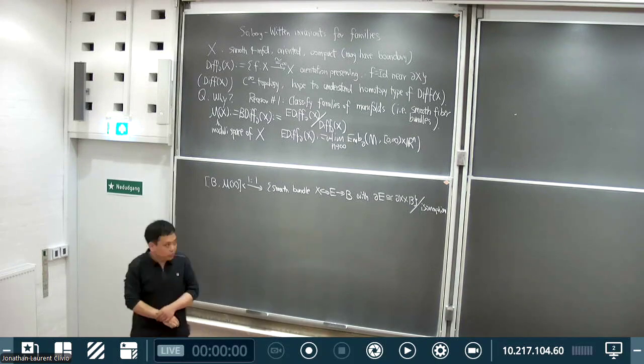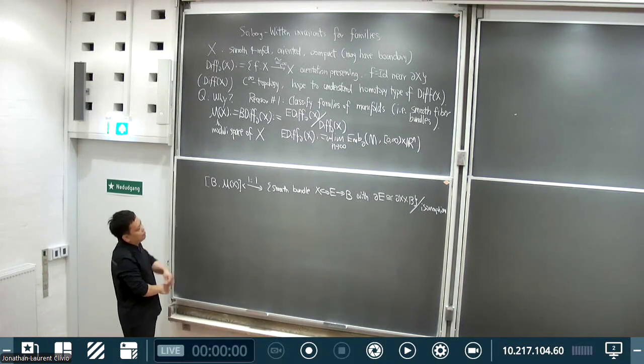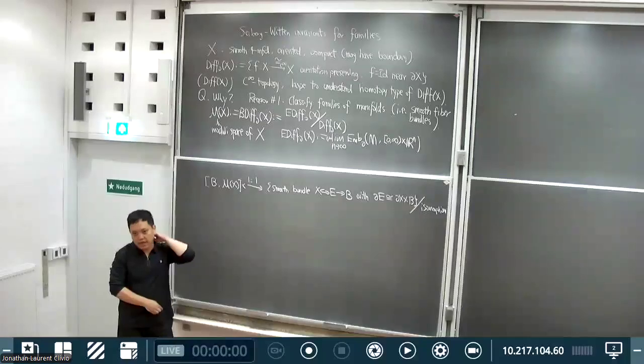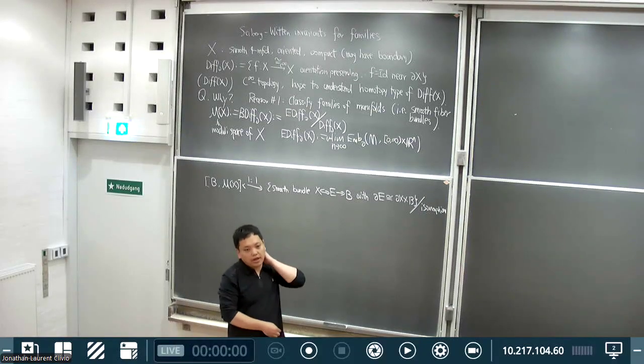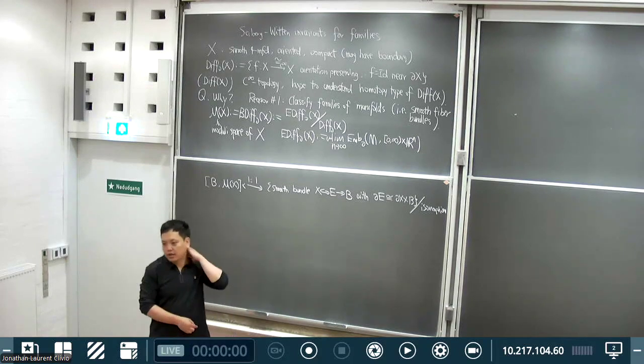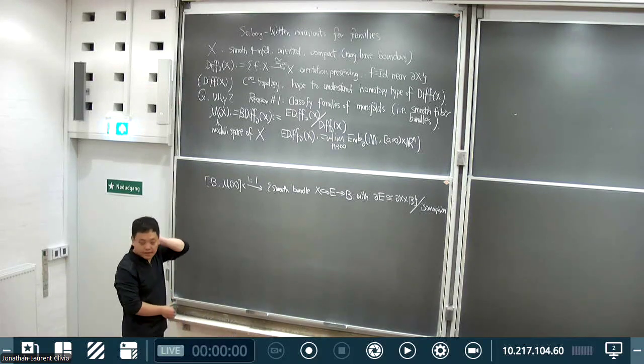So if you want to, for example, classify X bundles over a sphere, you just consider the homotopy groups of this space.